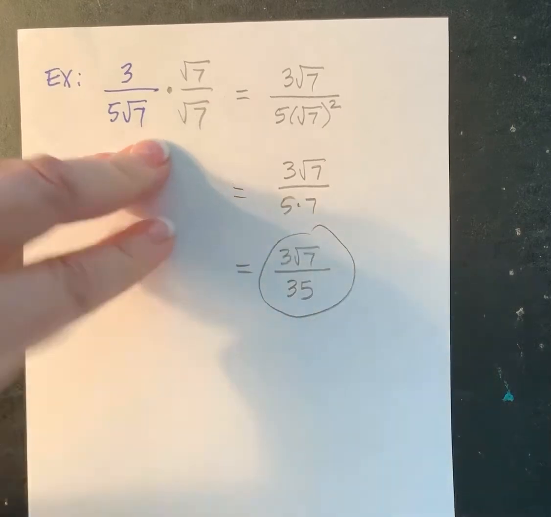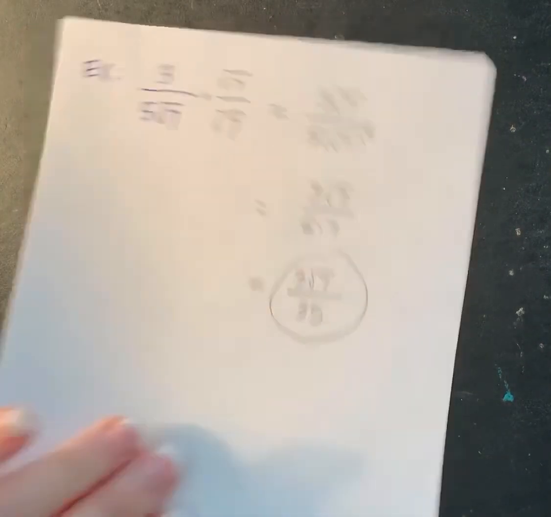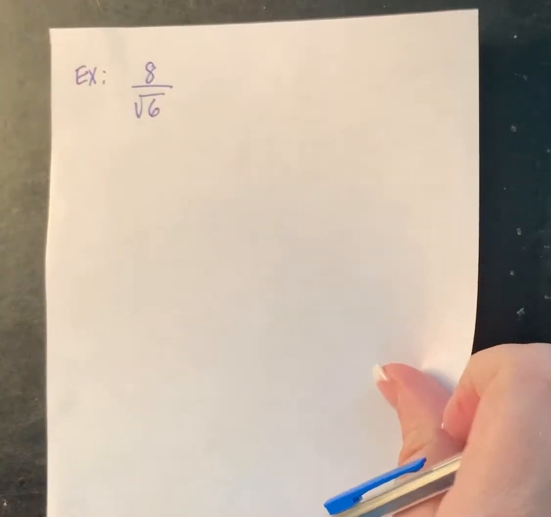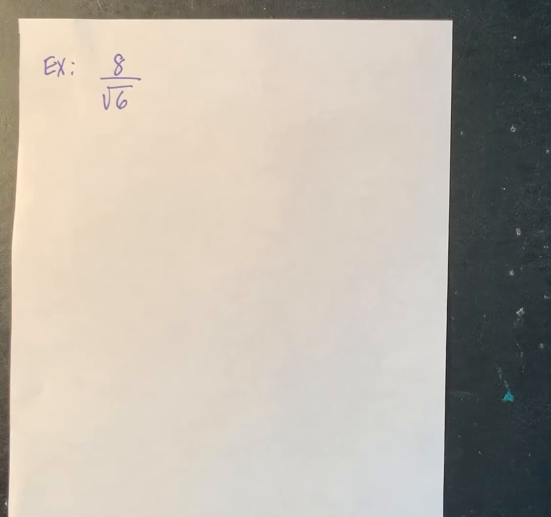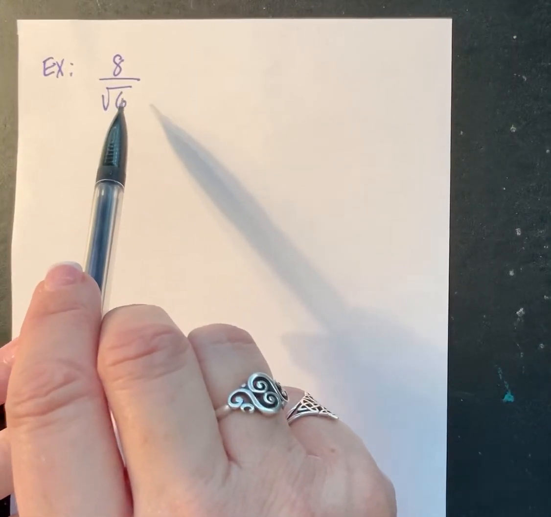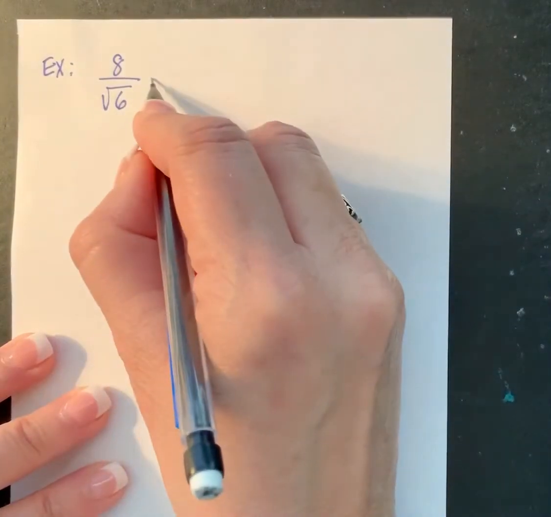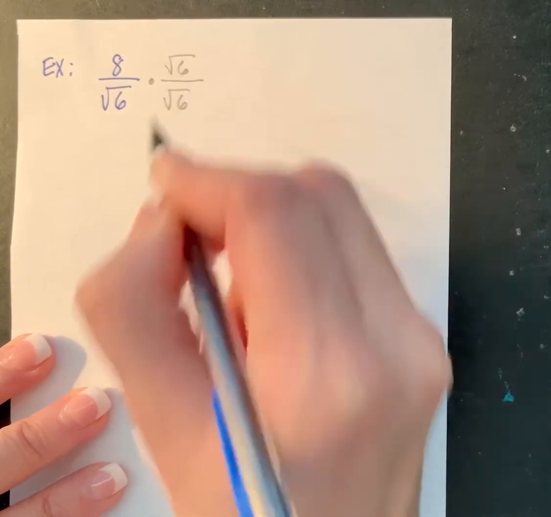Okay. All right, now let's look at another one. Sometimes we have some common factors floating around, and so you have to do normal fraction simplifying. Okay, so first, we're dividing by the square root. It's irrational. So we're going to multiply this fraction with the square root of 6 divided by the square root of 6.